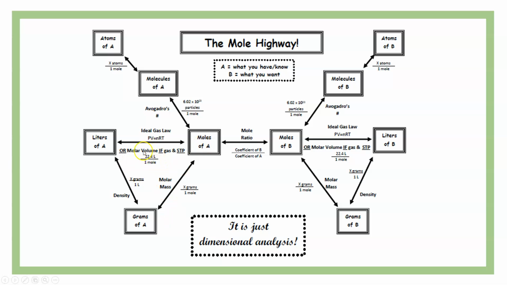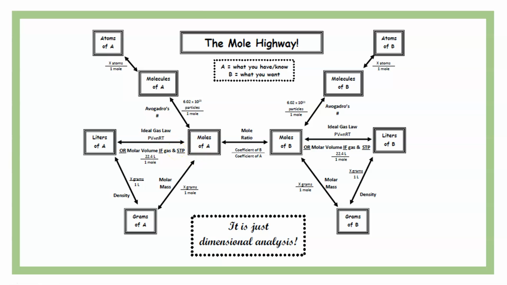Molar volume: if you're at a certain temperature and pressure, called STP, standard temperature and pressure, you can use 22.4 liters per 1 mole as a conversion factor. It's a weird fact that every single gas takes up 22.4 liters when you have a mole of it at this special standard temp and pressure.